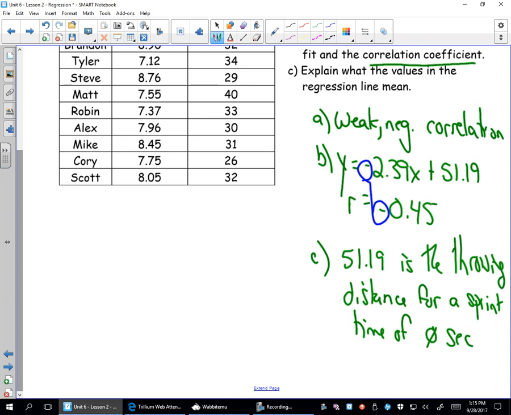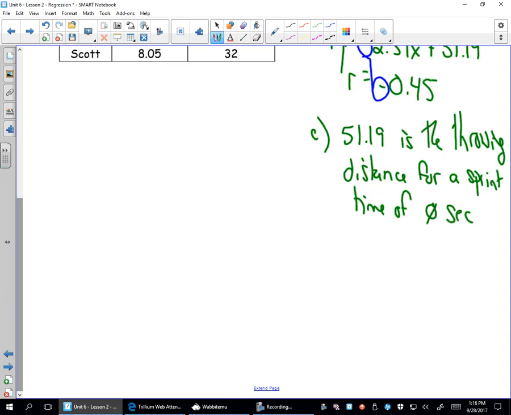It's our initial value. So theoretically, and it's totally theoretical, this is not a practical number because no one has a sprint time of 0. But theoretically, if you were so fast, your sprint time was 0, you should be able to throw it 51.19 meters. It's a number, but it's not really a useful number.